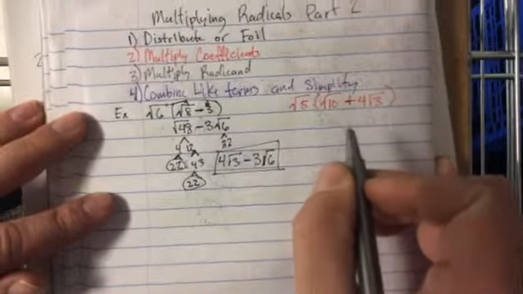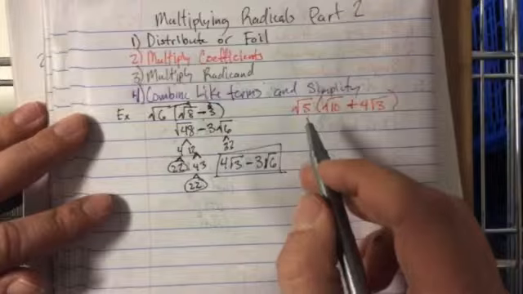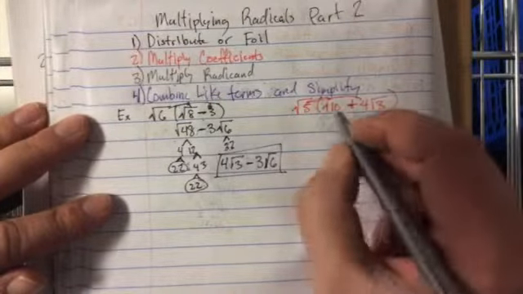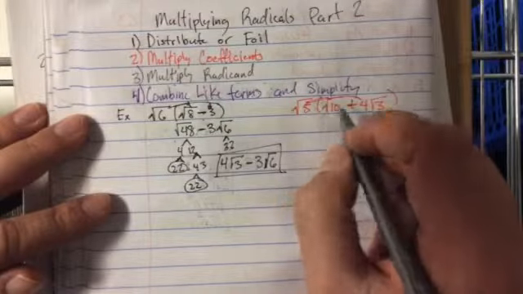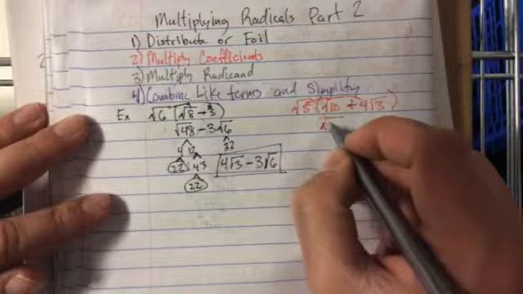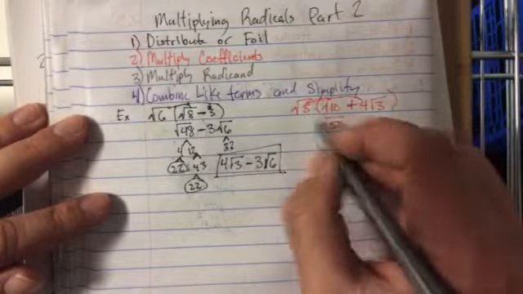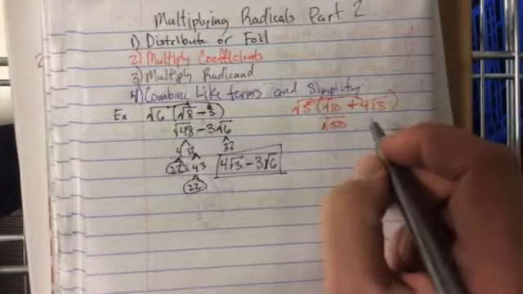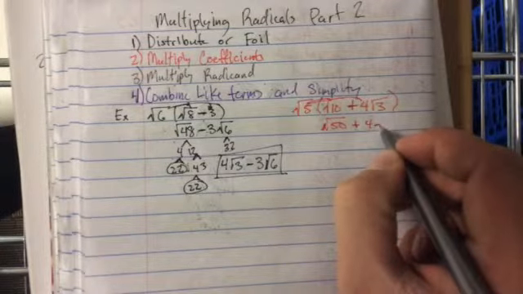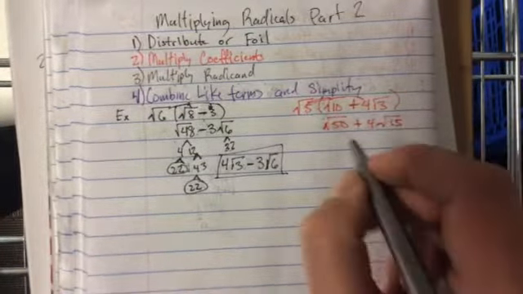So we need to distribute again. So we multiply square root of 5 times square root of 10, and that gives us square root of 50. Square root of 5 times 4 square root of 3 is 4 square root of 15.